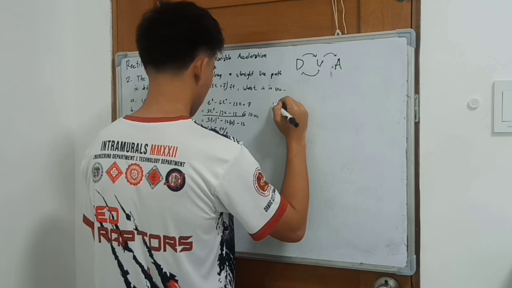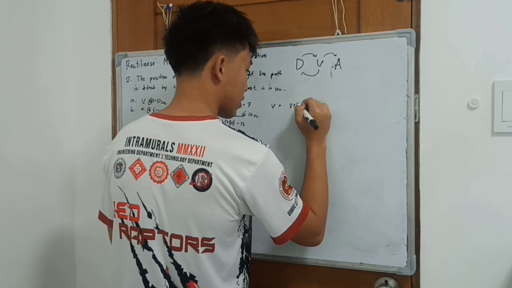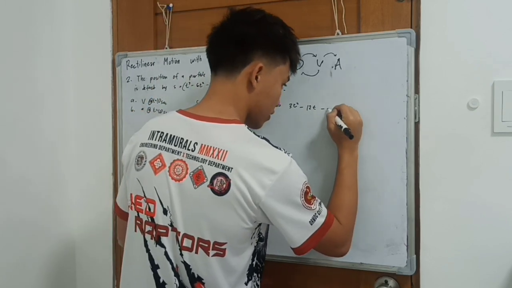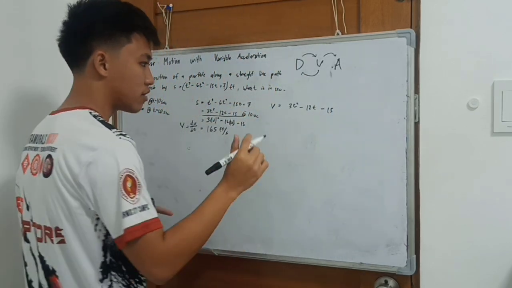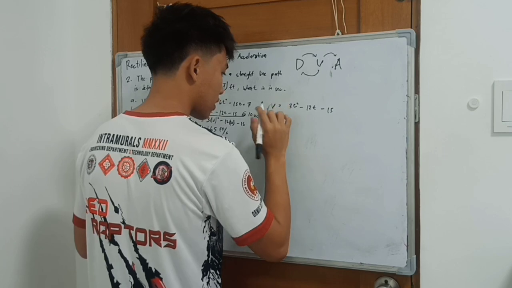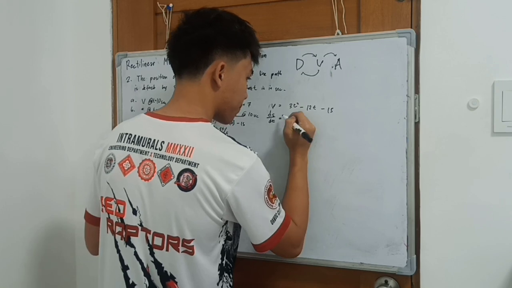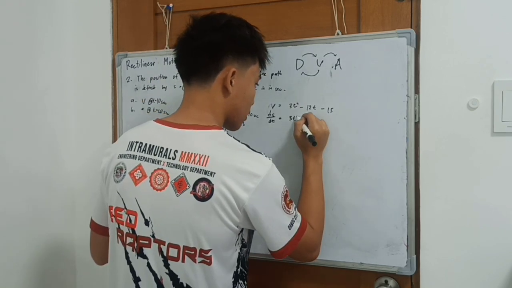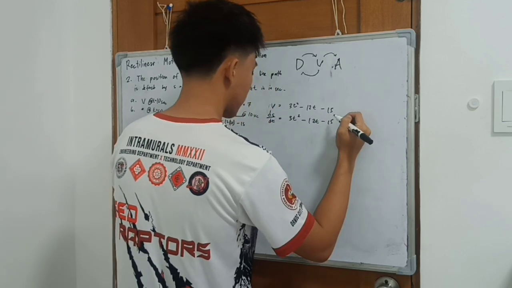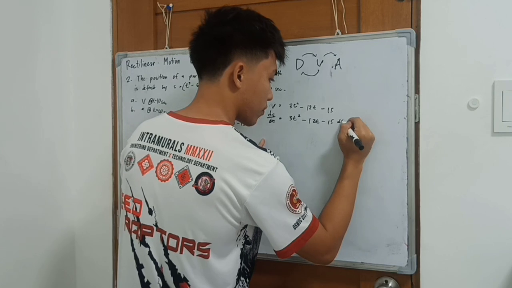So v is equal to 3t squared minus 12t minus 15, and we're going to differentiate it with respect to t.